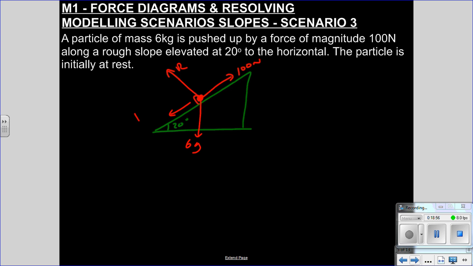So therefore, we know friction is always going to oppose its motion, and the motion is going up that slope. The particle is initially at rest, and it's not in equilibrium, so it is accelerating.